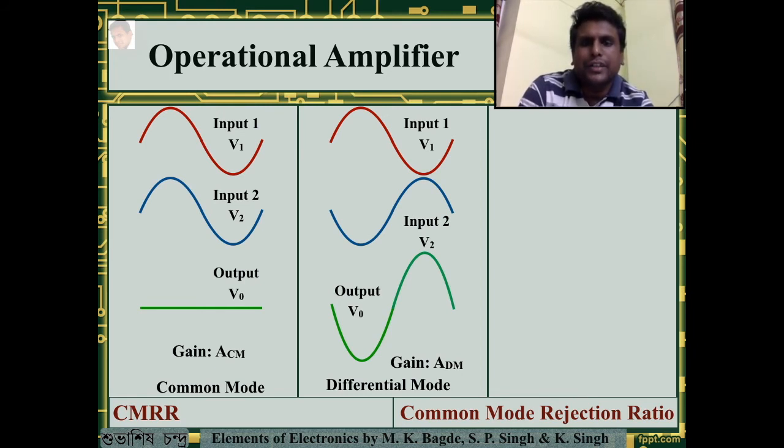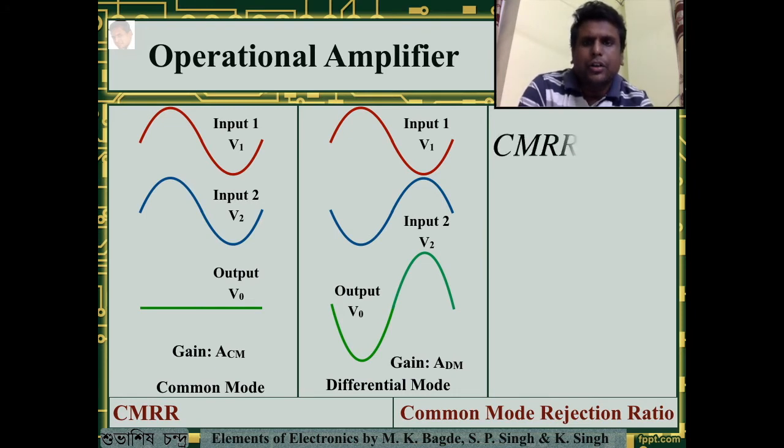Most of the noise and other unwanted signals are common mode signals, and when these unwanted signals appear on the input of the differential amplifier, they are virtually eliminated. A differential amplifier should have high differential voltage gain and very low common mode voltage gain.